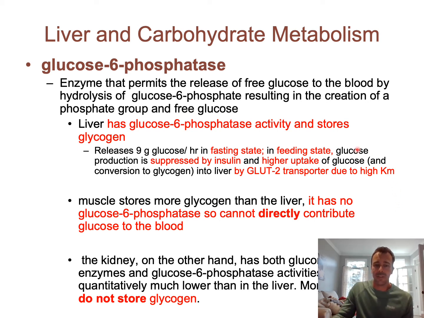So the liver is the main organ that releases glucose into the blood, mainly through this glucose 6-phosphatase enzyme.